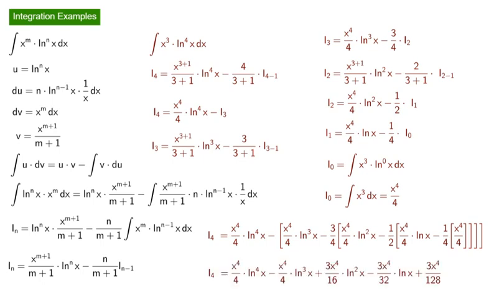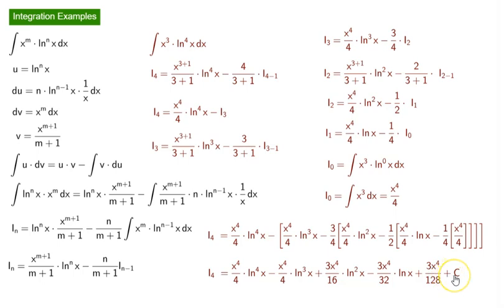Now opening up the brackets, we get I sub 4 is equal to x to the power of 4 by 4 times natural log to the power of 4 x minus x to the power of 4 by 4 times natural log cube x plus 3x to the power of 4 by 16 times natural log square x minus 3x to the power of 4 by 32 times natural log x plus 3x to the power of 4 by 128.